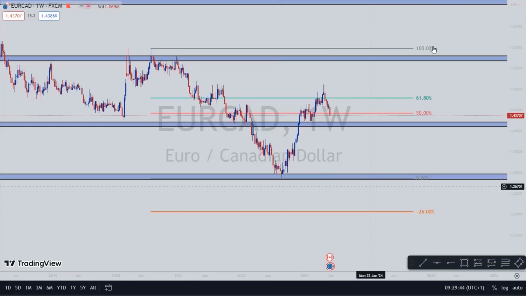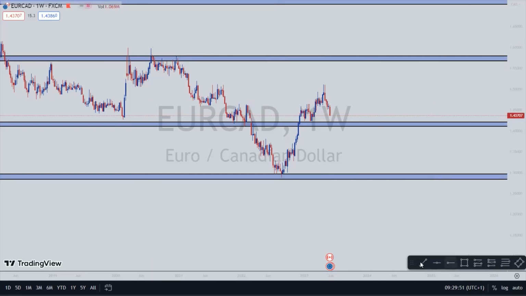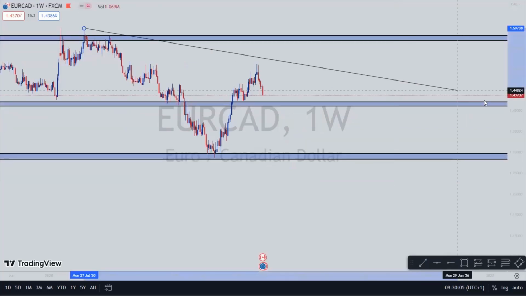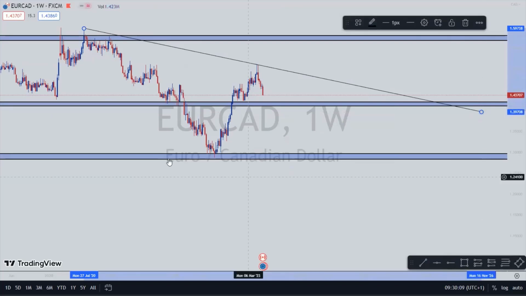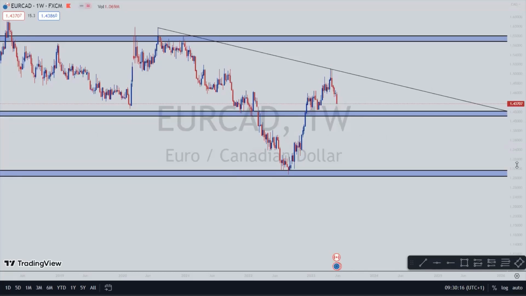So with that in mind, I came and drew my trend line somewhere here. Somewhere here. And what this tells me is the market is heading down. Given that the market is heading down, where do we probably see this market going?